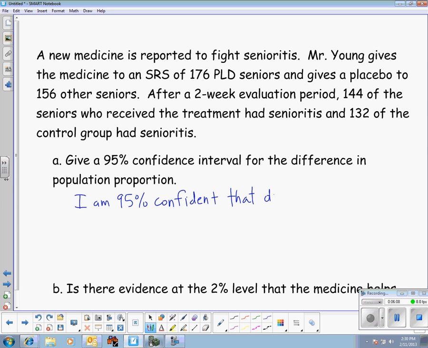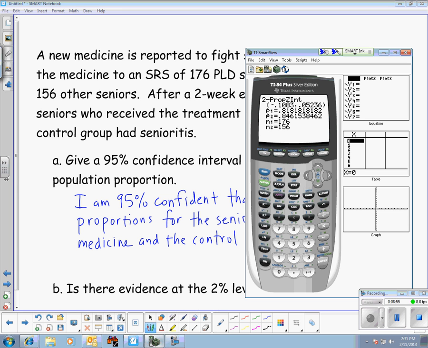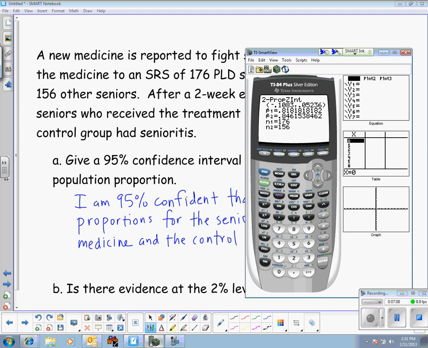So I'm confident that the difference in proportions for the seniors who got the medicine and the control group is, and then my two numbers were about, let's see, negative 0.1083 and 0.05236.